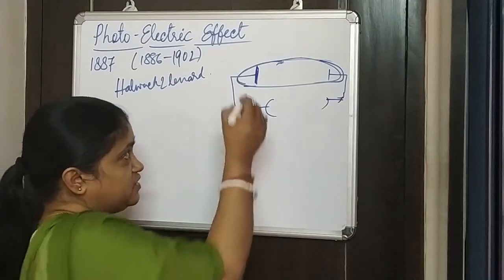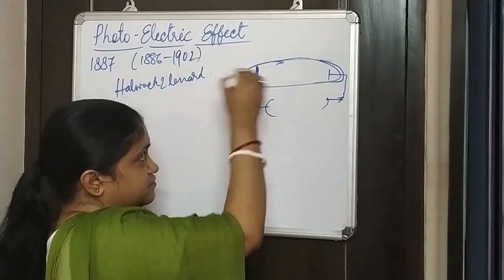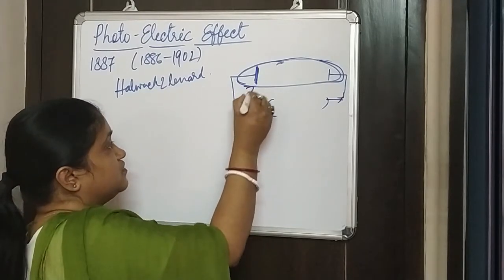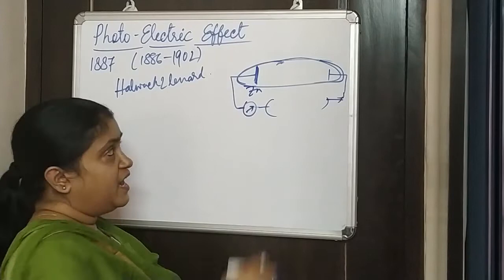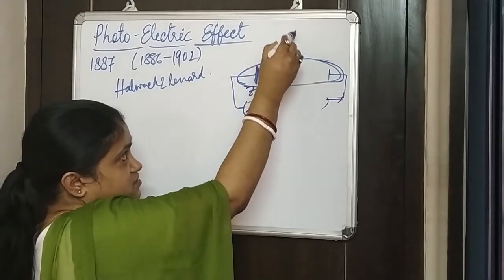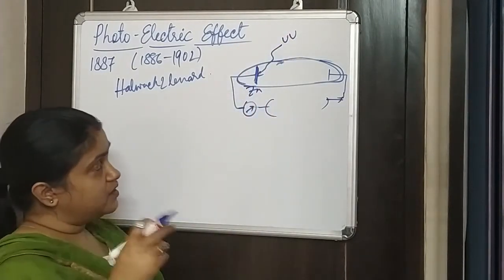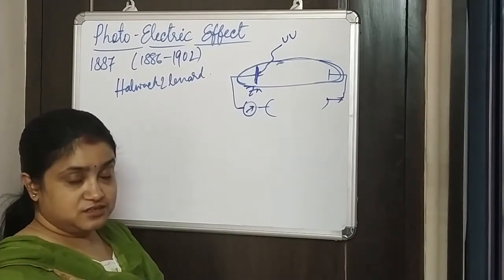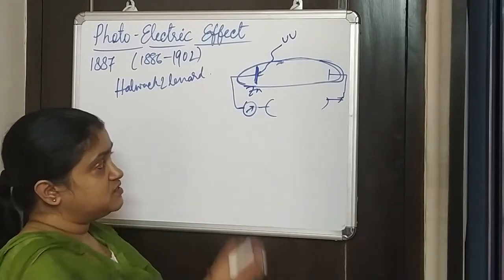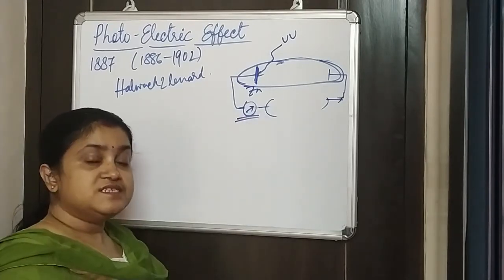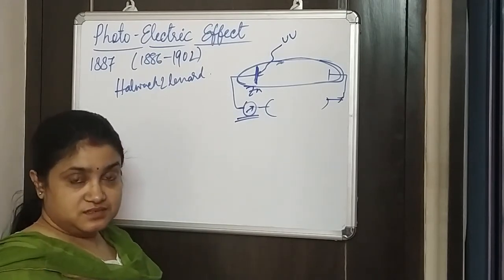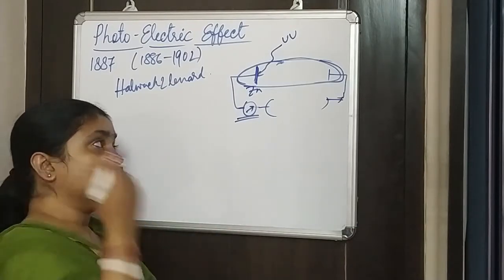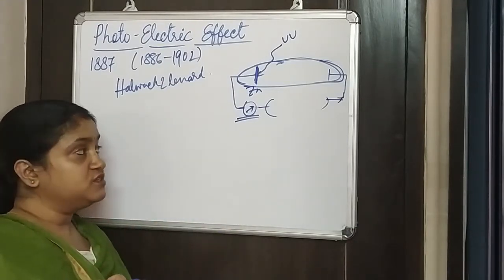When Lenard was studying it, the plate was made of zinc, and when UV rays were thrown onto this zinc plate, a certain amount of current was seen in the circuit.